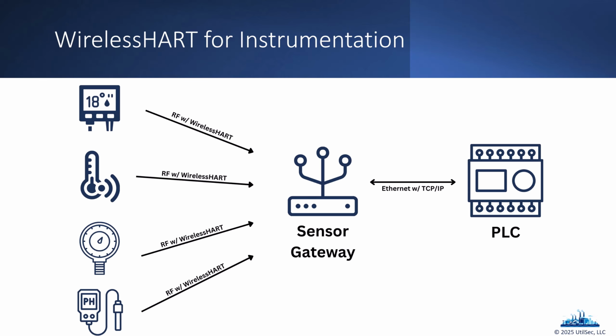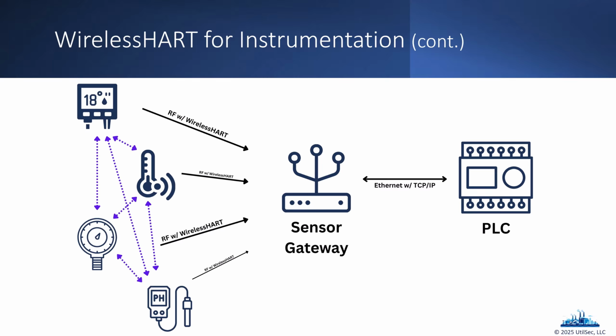Now that's okay, all said and good. The really cool thing about wireless HART is that it also creates a mesh between the sensors, right? So maybe that pH sensor, right, there's a pipe between it and the sensor gateway.